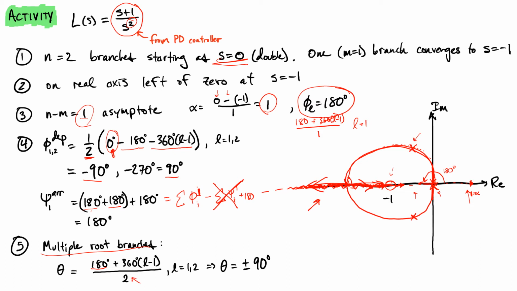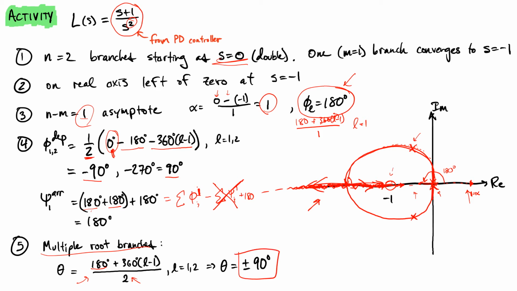And what you're going to notice is that you're going to keep doing the same computations over and over again. And so in this case, whenever you've got 2, either up here for the angle of the asymptotes, or down here for the multiplicity, you're going to keep getting the same value. So you're going to be able to compute these pretty quick, pretty soon. So in that case, you get plus or minus 90.